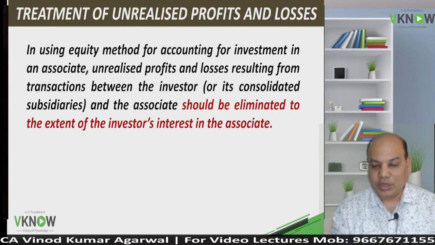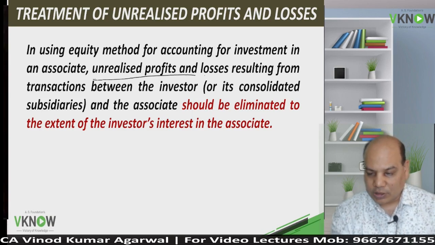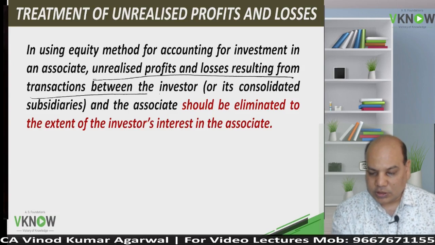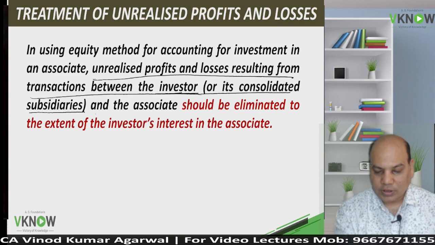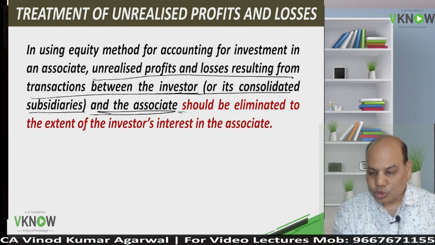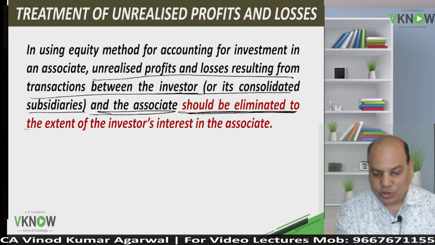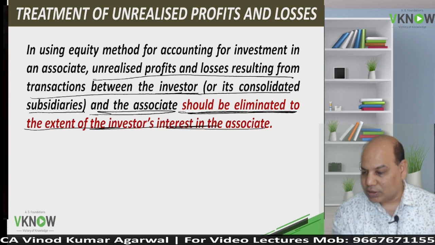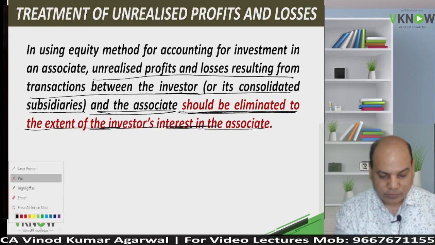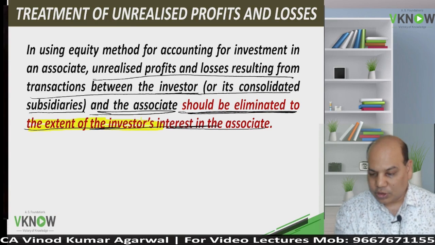In using the equity method for accounting for investment in an associate, unrealized profits and losses resulting from transactions between the investor or its consolidated subsidiaries and the associate should be eliminated to the extent of investor's interest in the associate. So this point is worth noting.